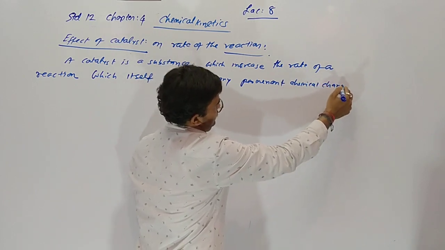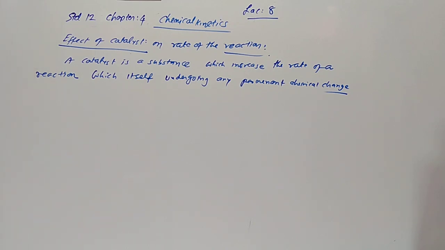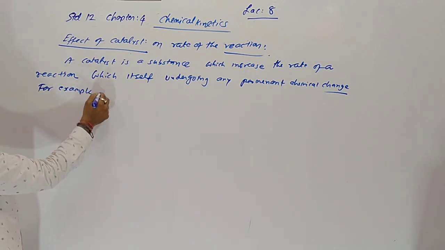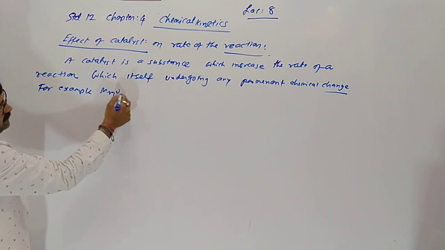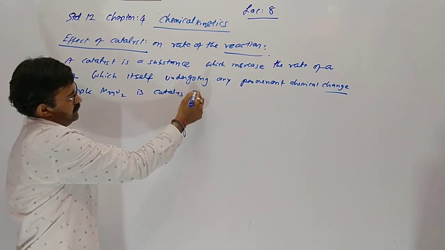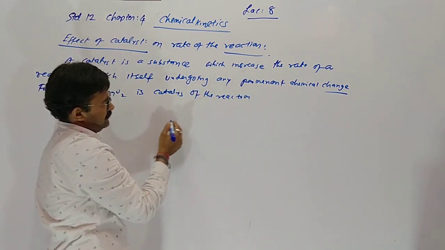It means the catalyst works temporarily in the reaction. In the last, it remains as it is. It is not consumed. For example, MnO2 is the catalyst of the reaction given below.